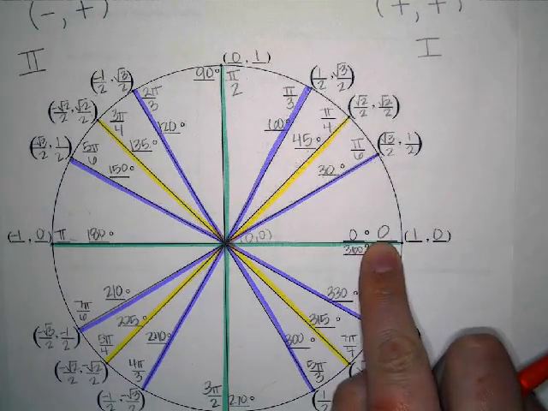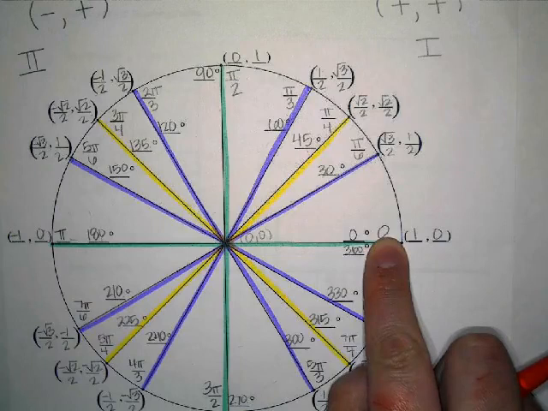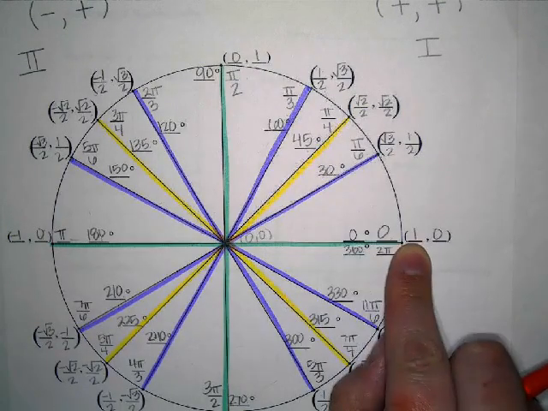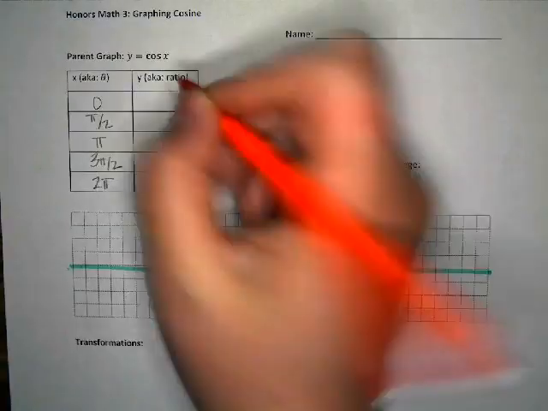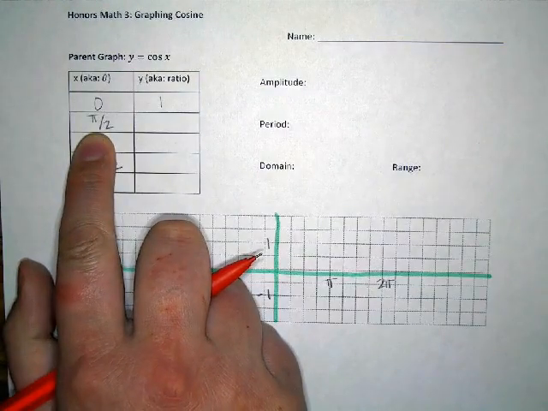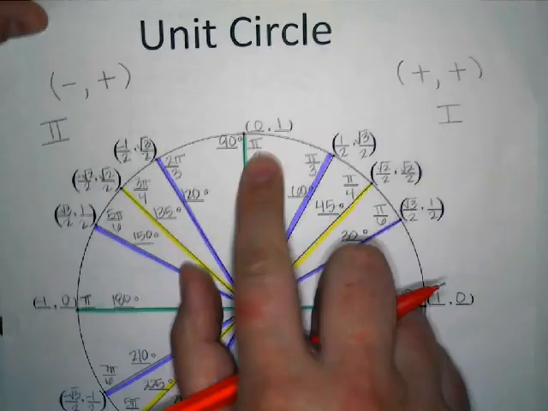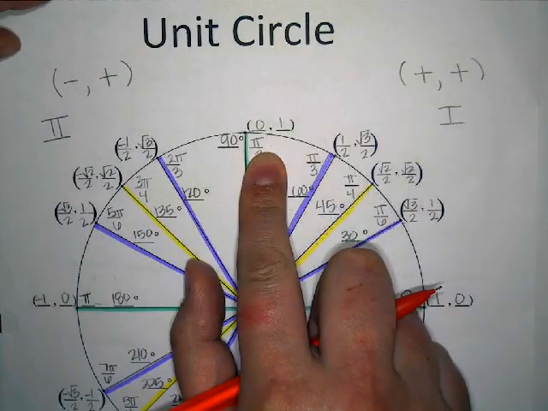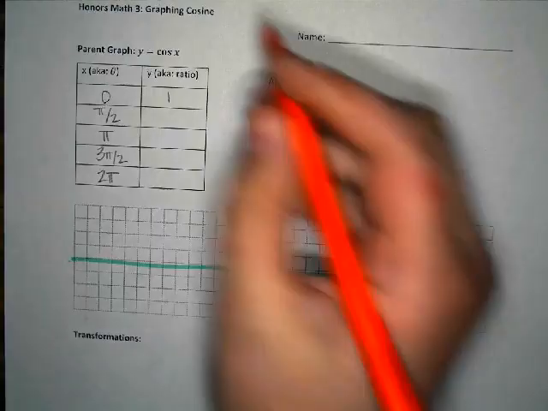So if we did cos of 0 radians as our input, what would our output be? It'd be 1 because we're going to use the x coordinate today. All right, cos of 0 is 1. Next we're going to do cos of pi halves. What would cos of pi halves be? 0.